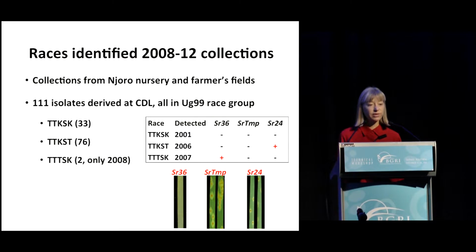TTKST, which was first detected in Kenya in 2006, is virulent on Sr24, and TTTSK, first detected in 2007, and in our samples only again in 2008, is virulent on Sr36.